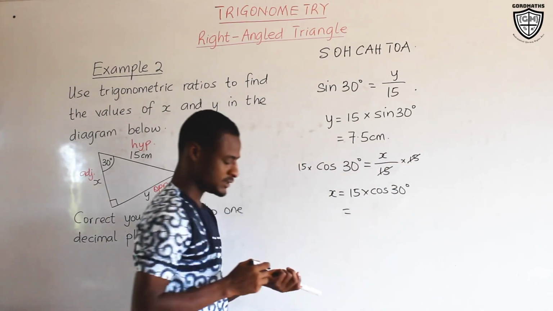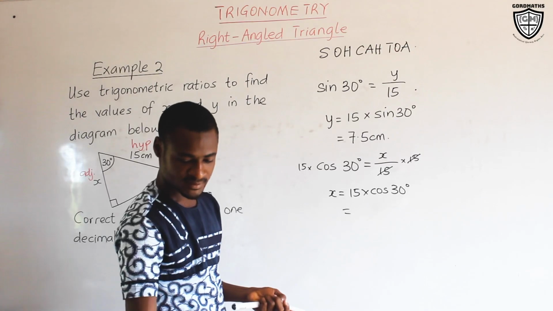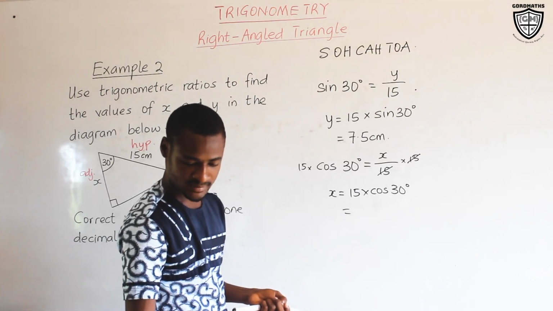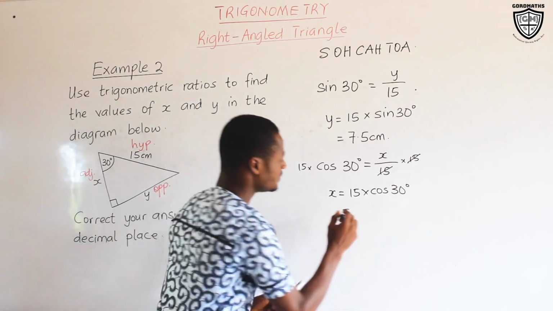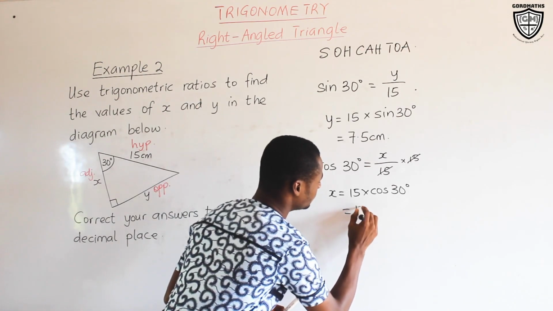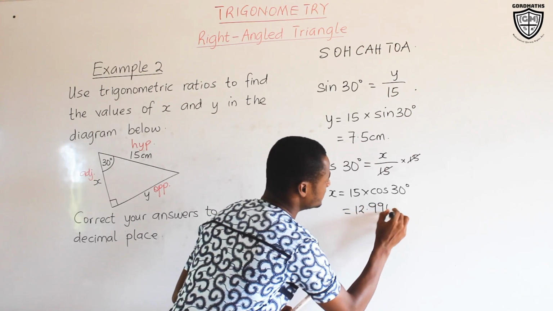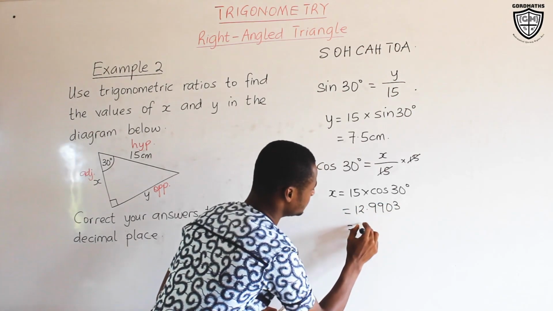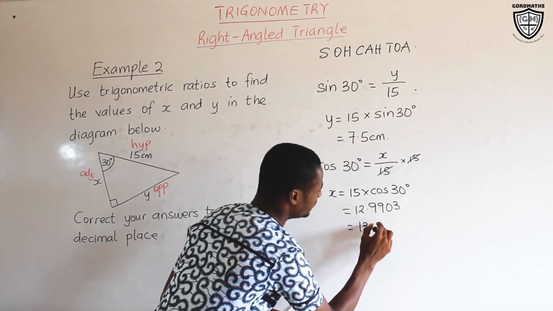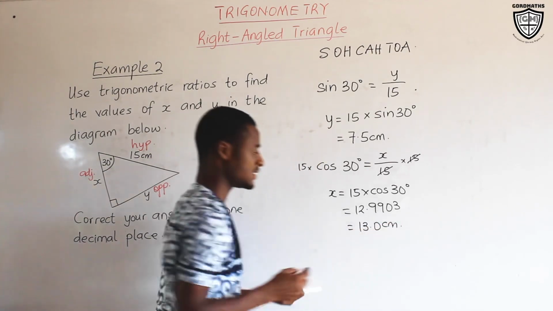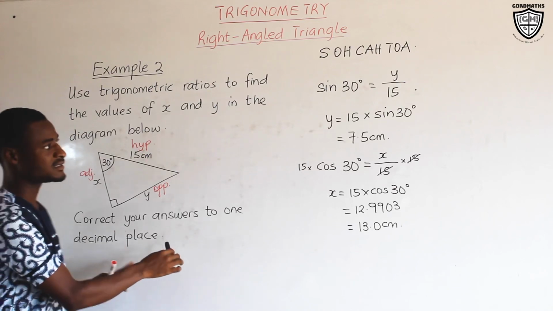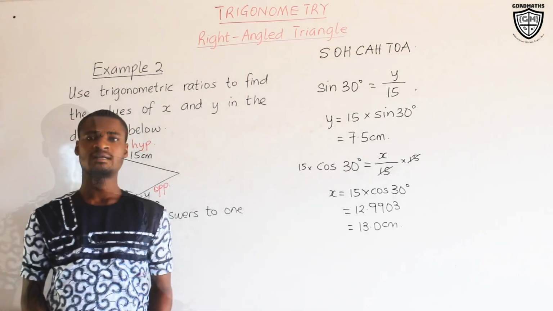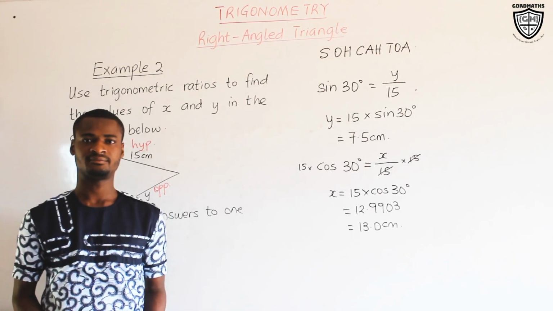And so x will be equal to 15 times cos 30. That gives us 12.9903, which is equal to 13.0 centimeters, since we are asked to correct our answers to 1 decimal place. Let's take our third example.